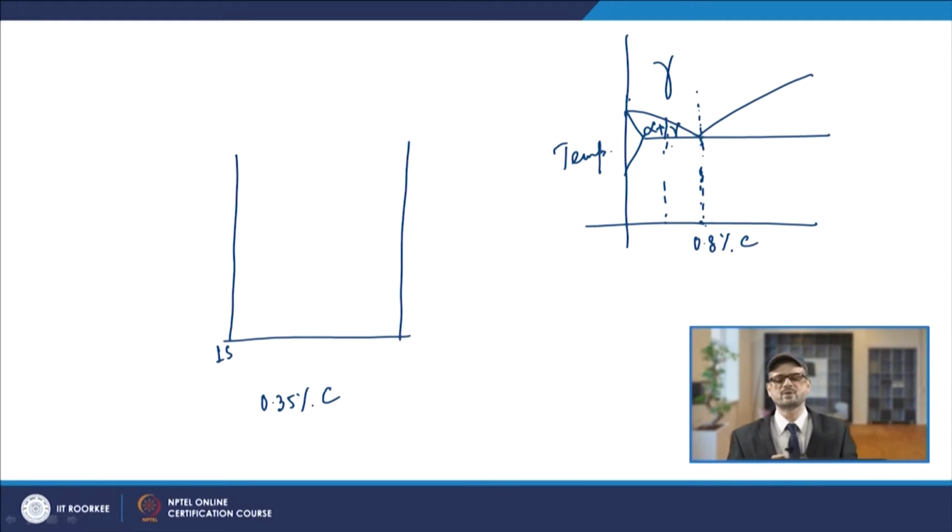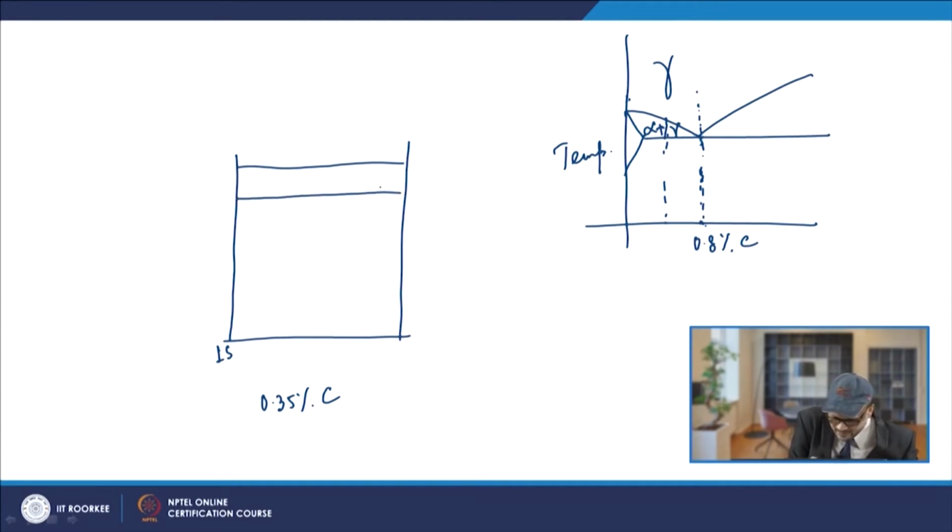You will have another temperature above that, the 725 degrees centigrade, and this is somewhere close to 800 or so. It will start from 1 second, this will be 1 minute, and this will be 1 hour or so. So, the line goes like here. Above this temperature you have gamma, and this zone is basically alpha plus gamma.